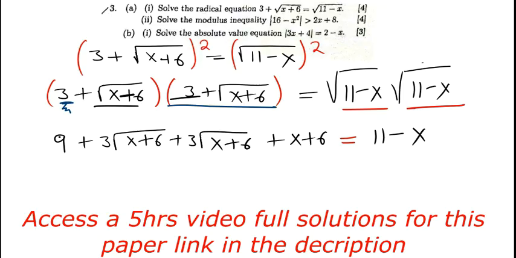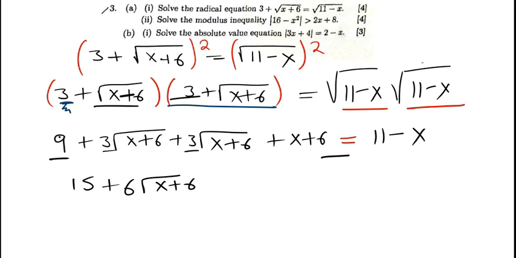We do. 9 plus 6 is 15, then 3 plus 3 is 6, root of x plus 6, and then plus x. This can come the other side, or we can just leave it there, is equal to 11 minus x. We can leave it the other side.